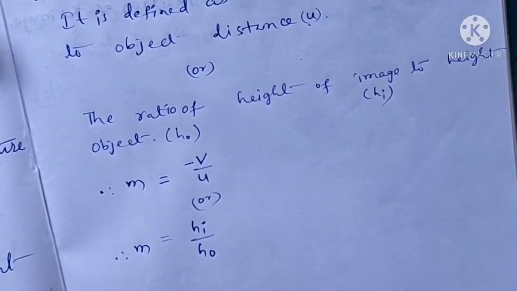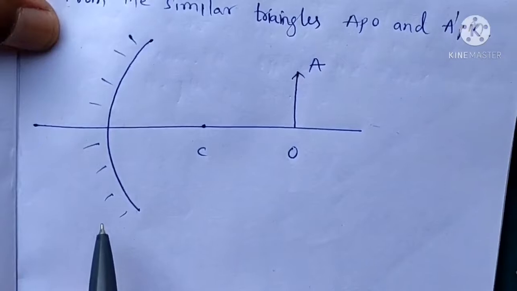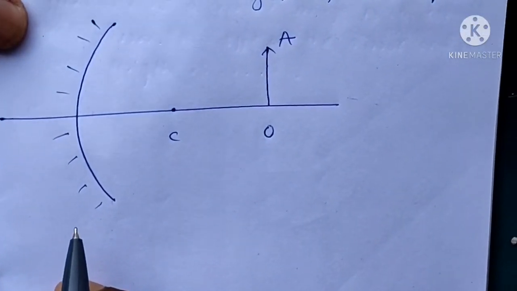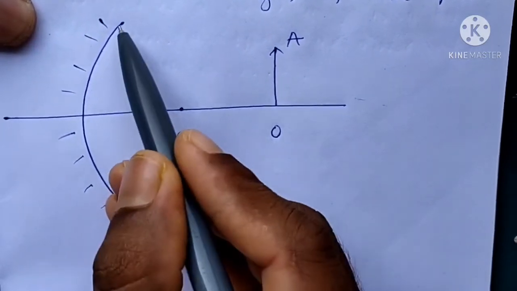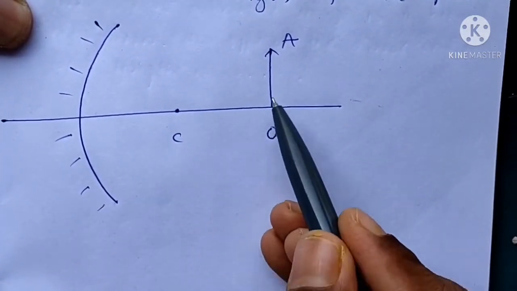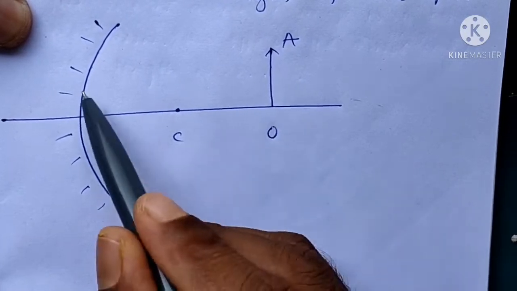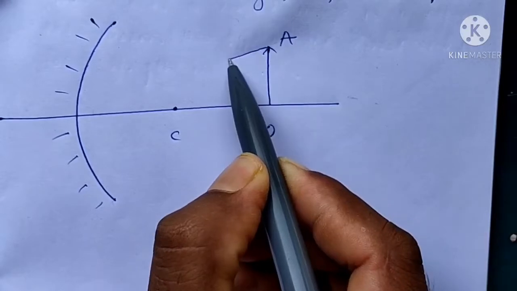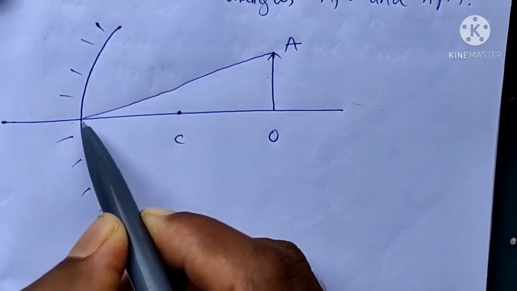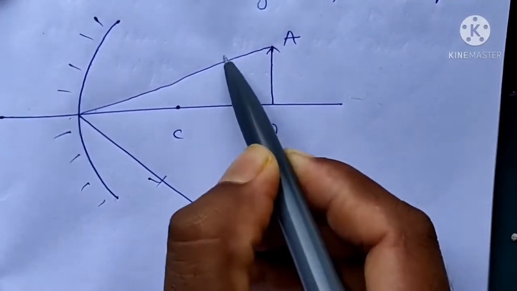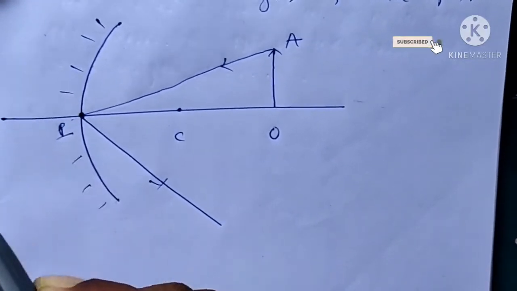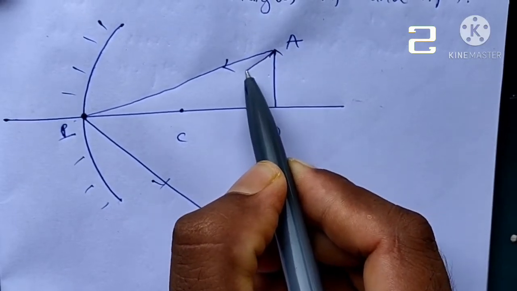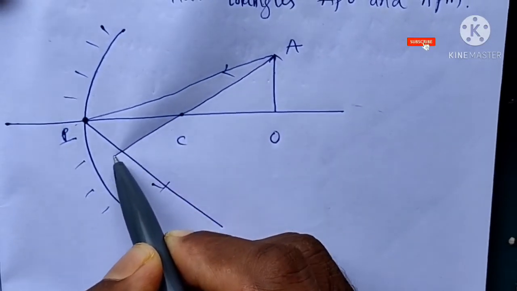Let me prove the magnification, that m is equal to minus v by u. For that, let me consider a concave mirror, and here OA is the object, placed in front of the concave mirror, and consider the ray, you know well, it is a pole, and consider another ray which is passing through the center of curvature.